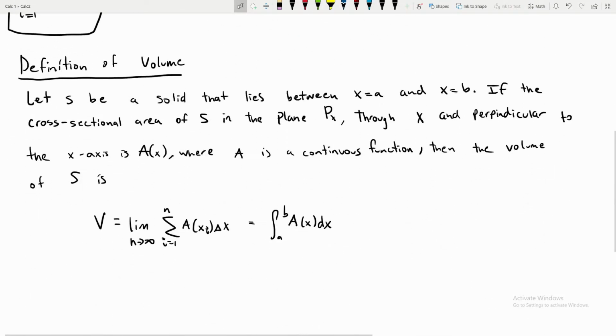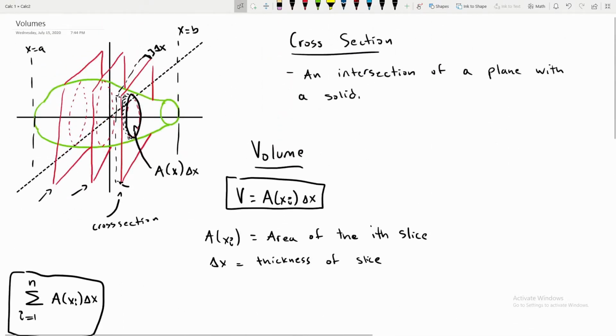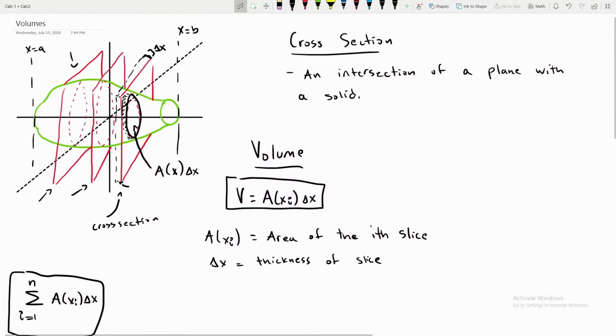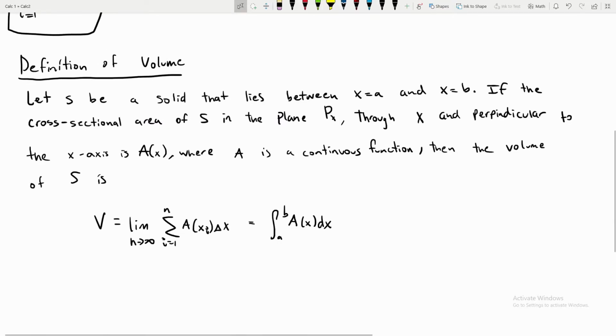And then if the cross-sectional area of S, in the plane, like these little red planes right here, through x and perpendicular to the x-axis, as you can see, I've drawn all the planes perpendicular to the x-axis, and the area of that cross section that develops between the plane and the solid is A of x.